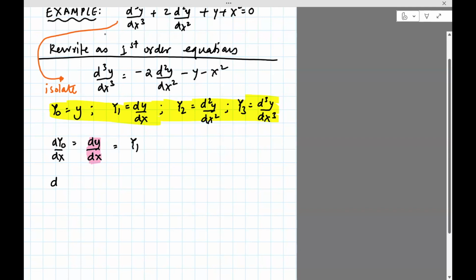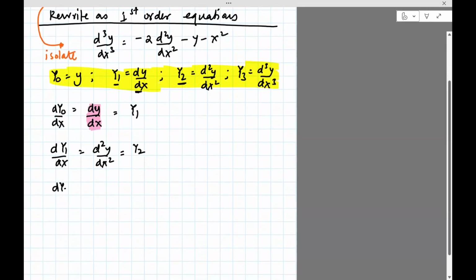Then dy1 dx will be the derivative of dy dx. So the derivative of y1 with respect to x is d square y dx square, but d square y dx square is y2. Then we have dy2 dx, the derivative of the second derivative, so third derivative. That would be y3 right here.